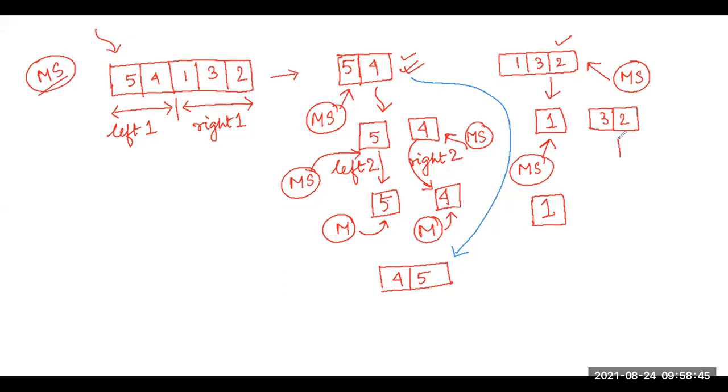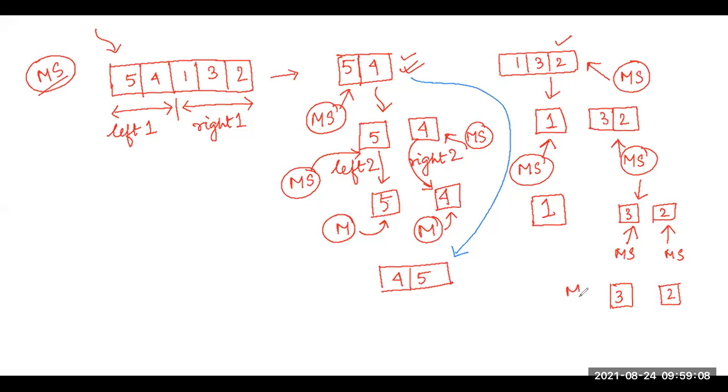Again, when I call merge sort on the other part, it will partition into two parts, 3 and 2. When I call merge sort on 3, it will return the single element 3, and then on 2, it will return the single element 2.